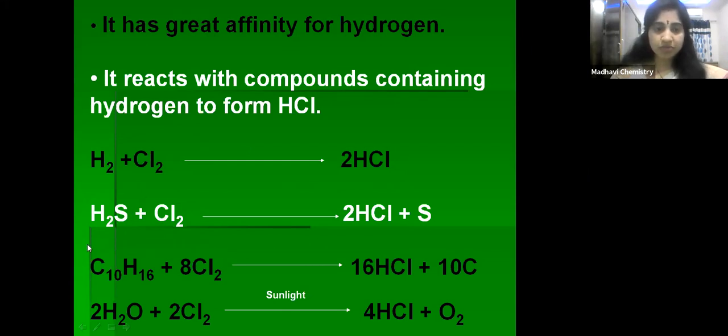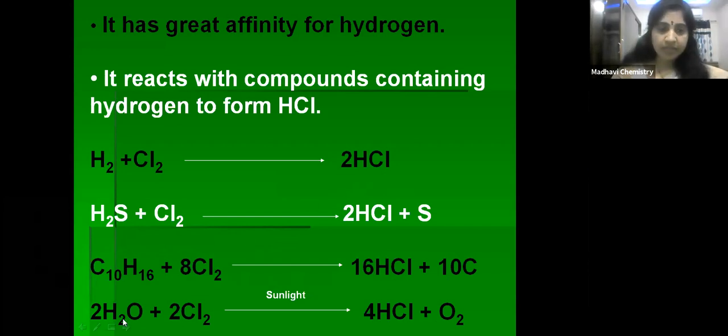With the hydrocarbon C10H16, it gives HCl plus carbon. And when chlorine reacts with water, it gives HCl plus oxygen. So chlorine has high affinity towards compounds containing hydrogen, like H2, H2S, hydrocarbons and water. That's why it reacts with these compounds and gives HCl.